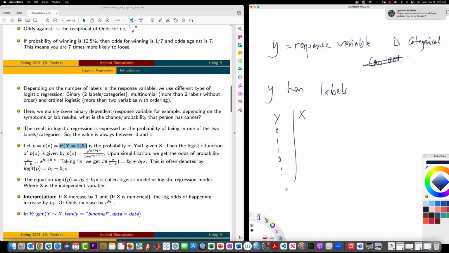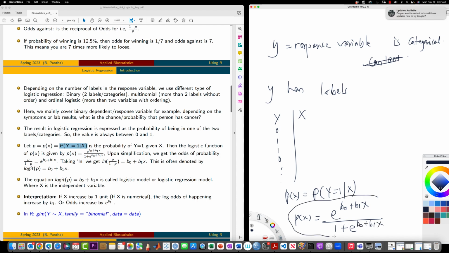So P of x is the probability of Y equals 1 given X. Then the logistic function of P of x is given by the formula e to the b0 plus b1x over 1 plus e to the b0 plus b1x. This is the formula for the probability if Y is a binary variable with 0 and 1 as the data values.